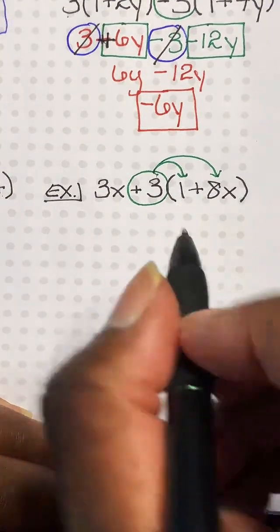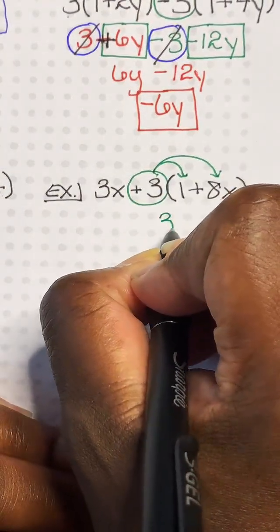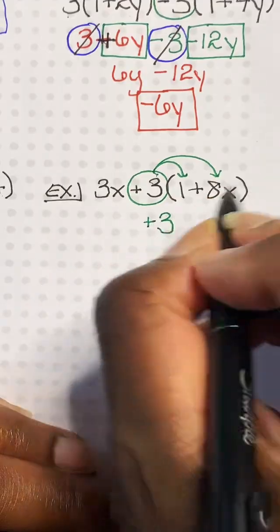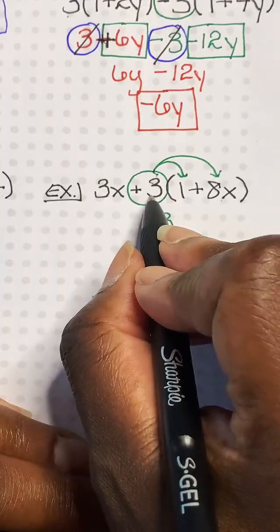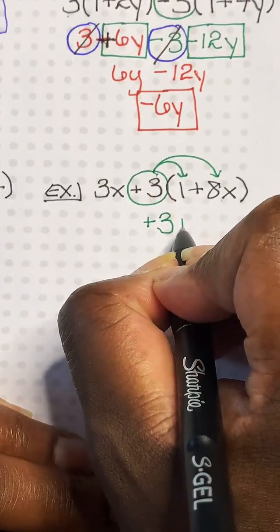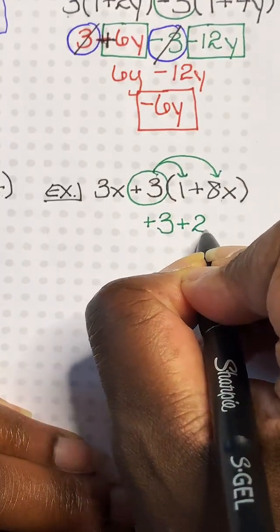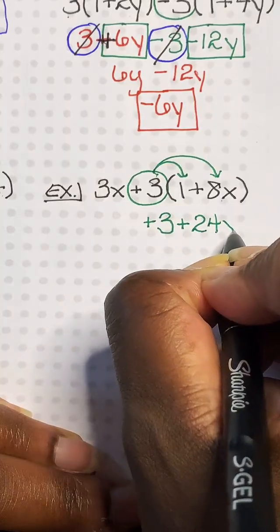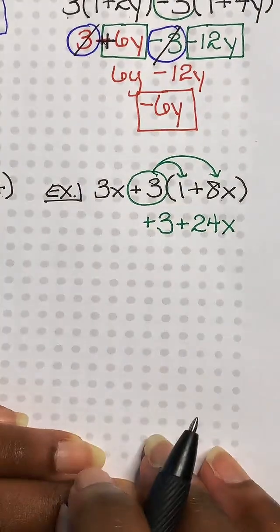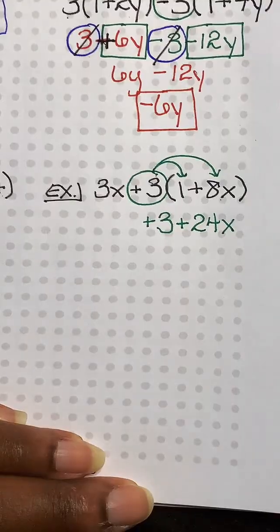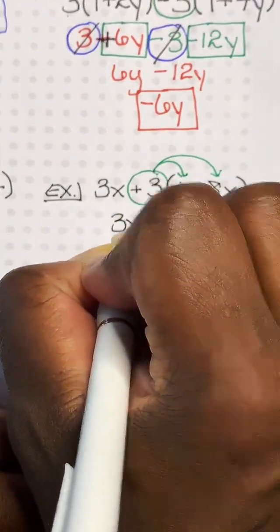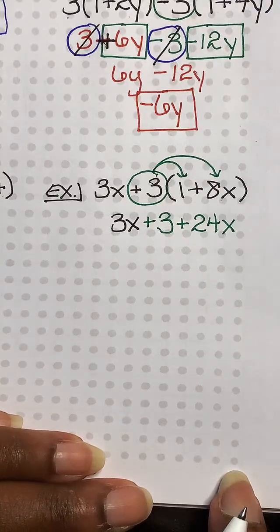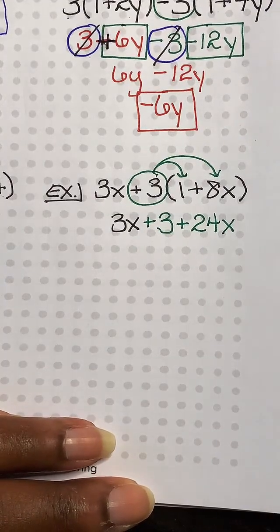So we have 3 times 1, that gives me a positive 3. Then we have 3 times 8x, so 3 times 8 gives me 24, and we're bringing down our x. Bring down our 3x. Now let's take a look for like terms.